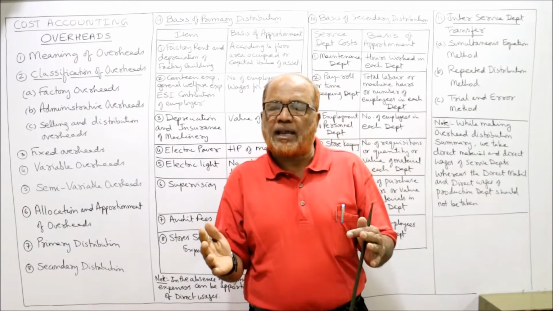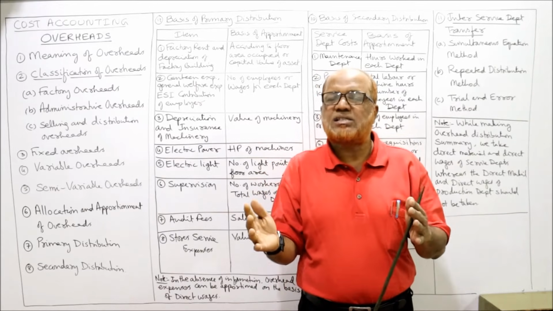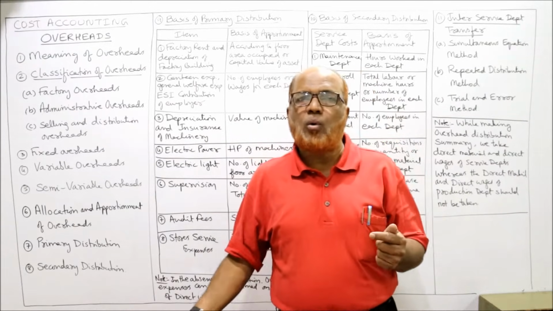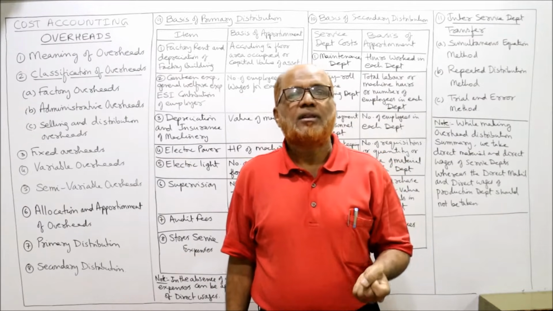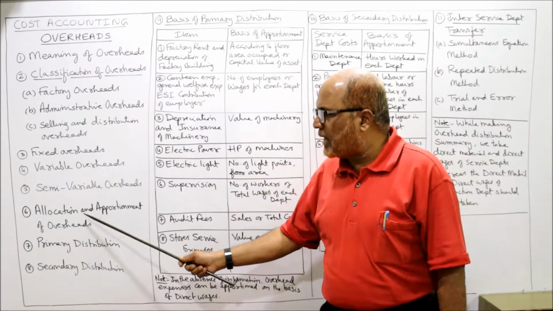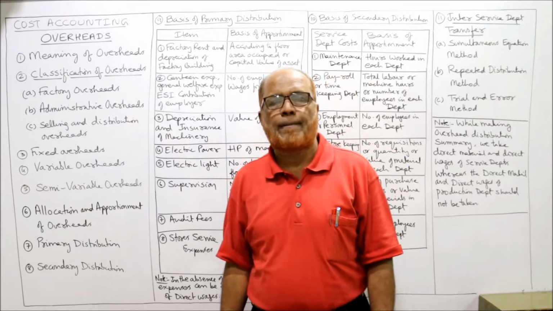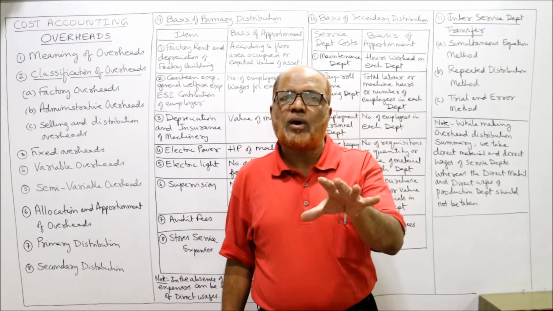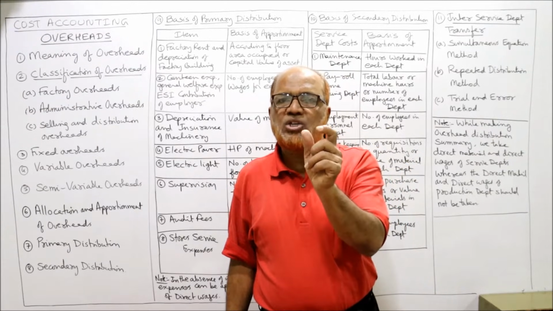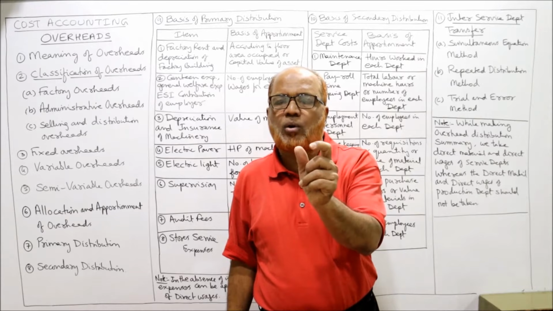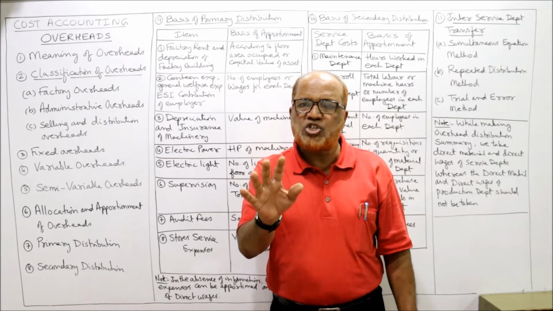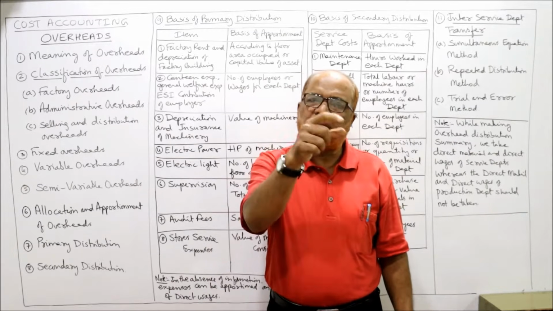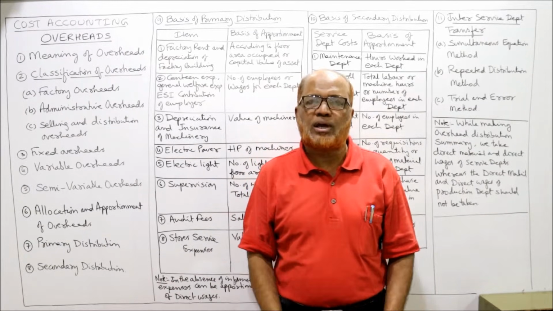Then after collecting and classifying, the overheads have to be absorbed or apportioned. Then the question, what do you mean by allocation and apportionment of overheads? Allocation of overheads means specifically charging a particular overhead to a particular department. Specific charging of overheads to a particular department is called allocation.